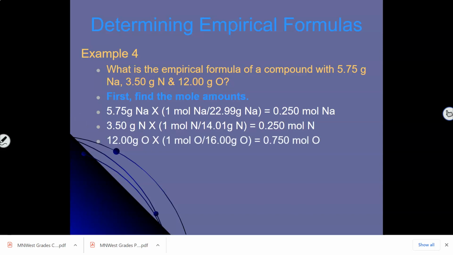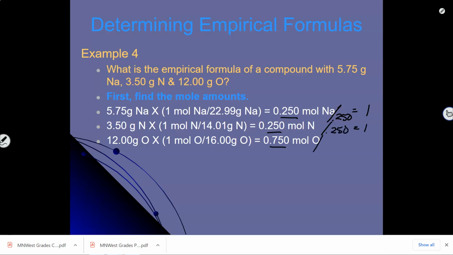And then my last one would be oxygen. I'm going to convert that one also to moles. So if I look at my moles, I have this, this, and this. I'm going to divide them by the smallest moles. This is going to be 1. This one would also be 1.